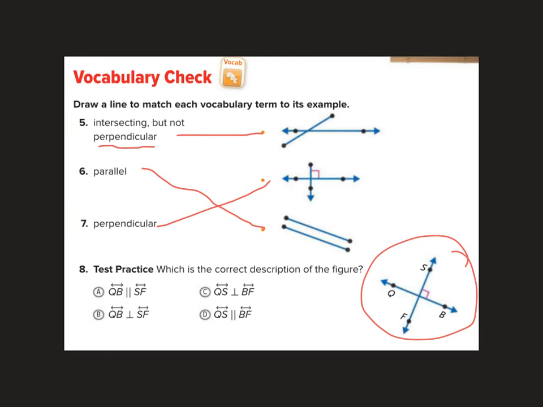Oh, so we can cross off the parallel ones. So now we have to see, is it line QB and line SF or line QS and line BF? Nope, this one. QB and SF are perpendicular lines.